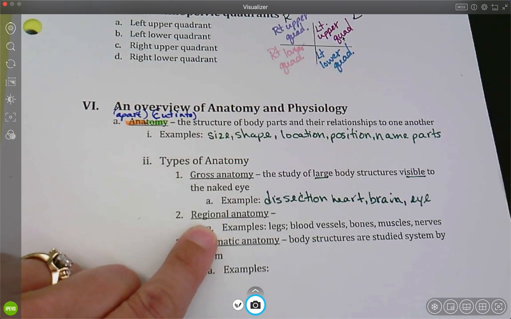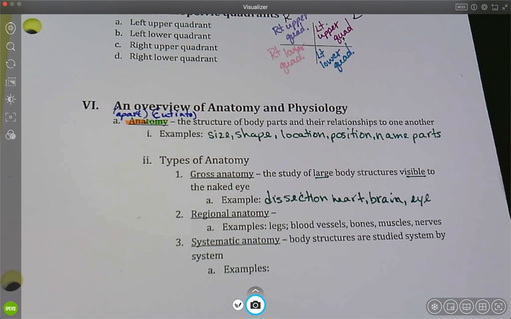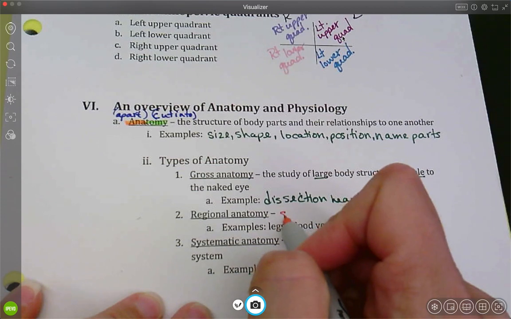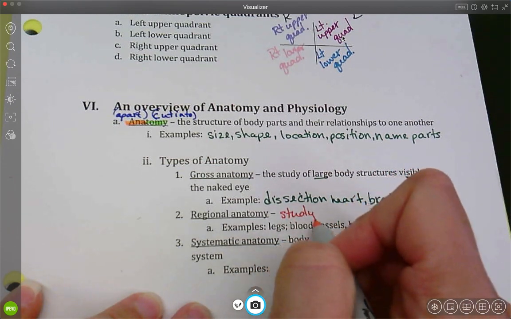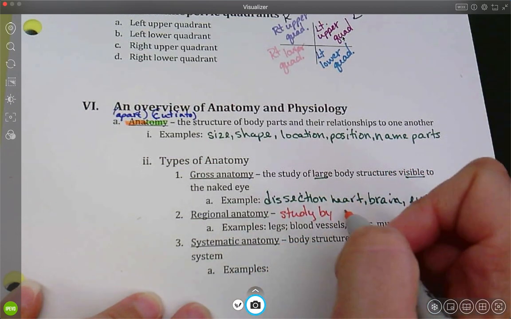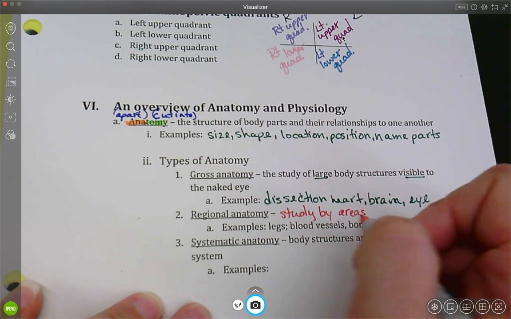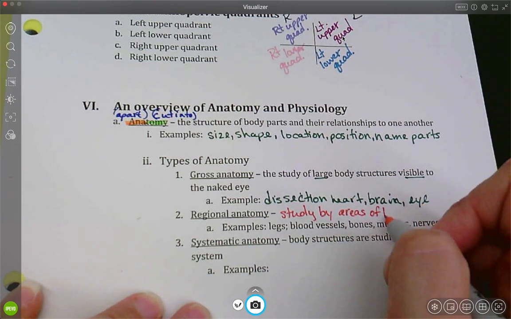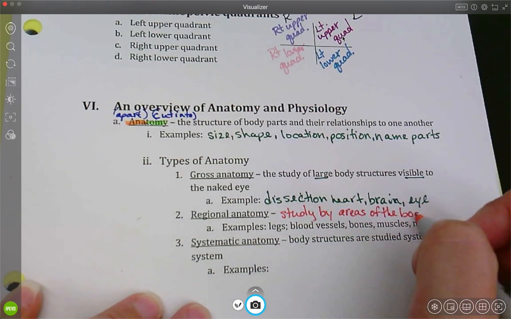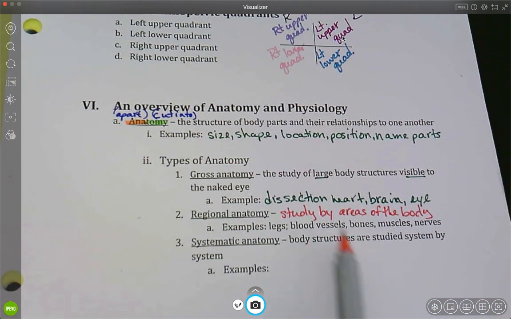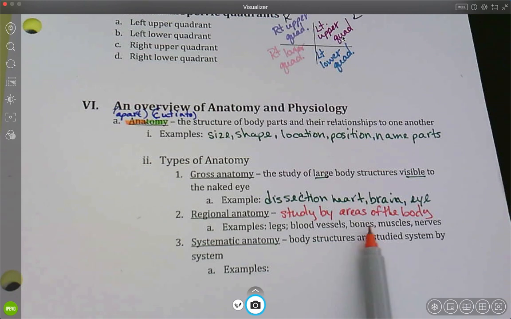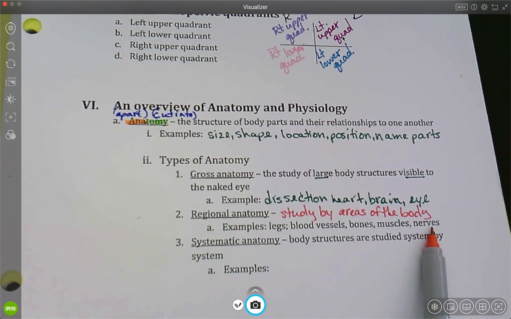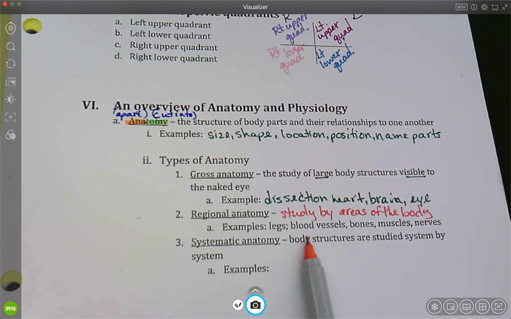Then we have regional anatomy. So regional anatomy says that we're going to study them by areas. All right, so when we do the legs, we could look at the blood vessels, the bones, the muscles, and the nerves all at the same time and just focus on the legs.